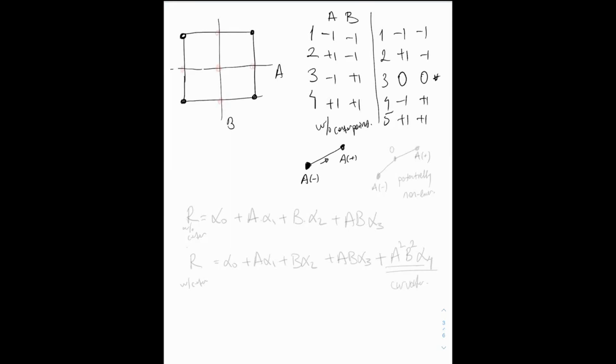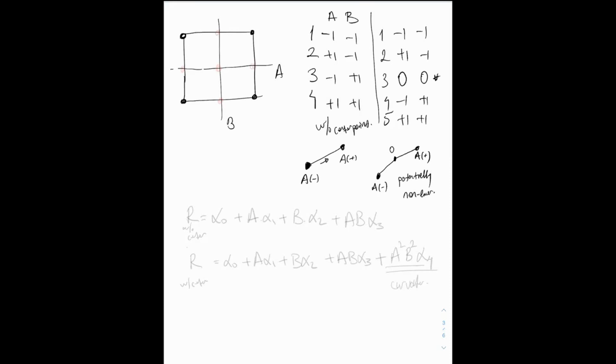If you added the center point, however, you can go from A minus to a center measurement, which is going to be 0, and then you go to A plus. It will be potentially nonlinear.